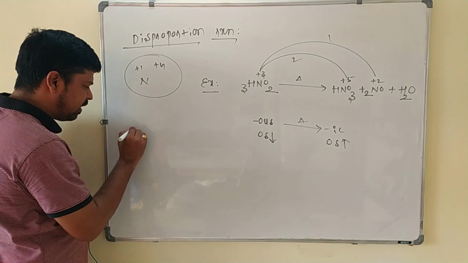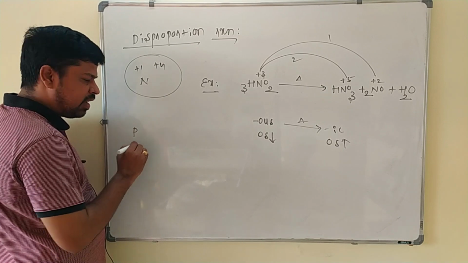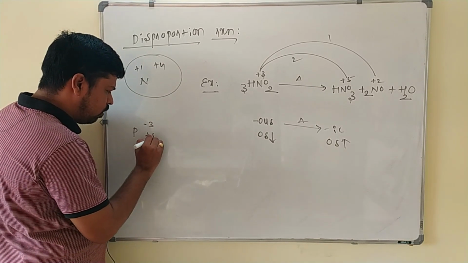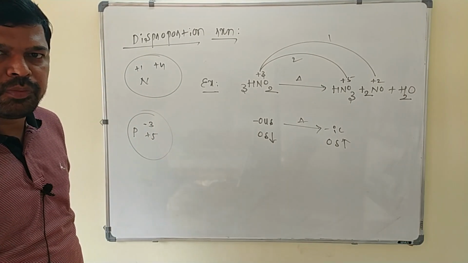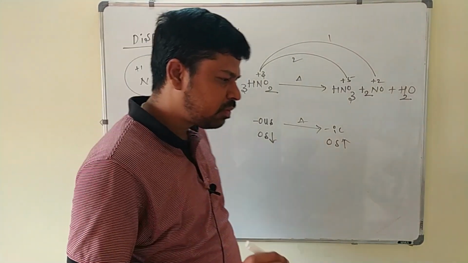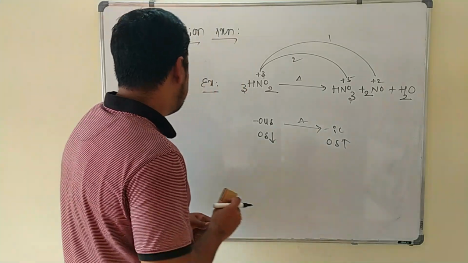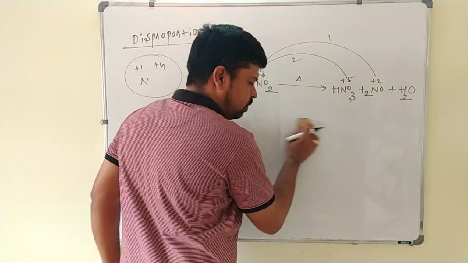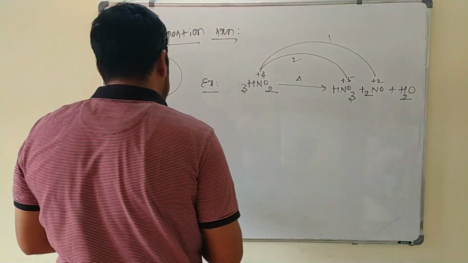Next point is, in the case of phosphorus, all the oxidation states from -3 to +5 will undergo disproportionation reaction. I will write examples here. Two examples are there.